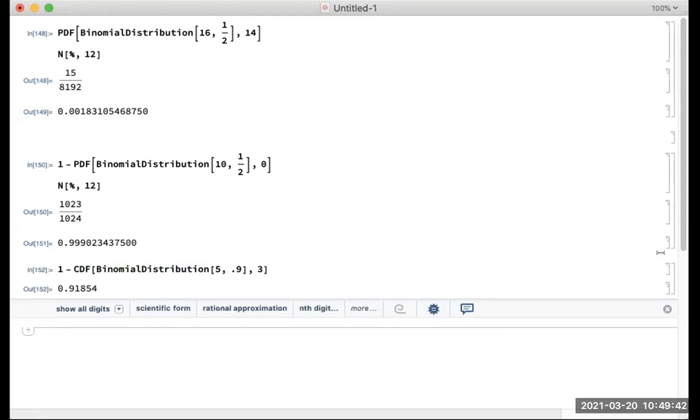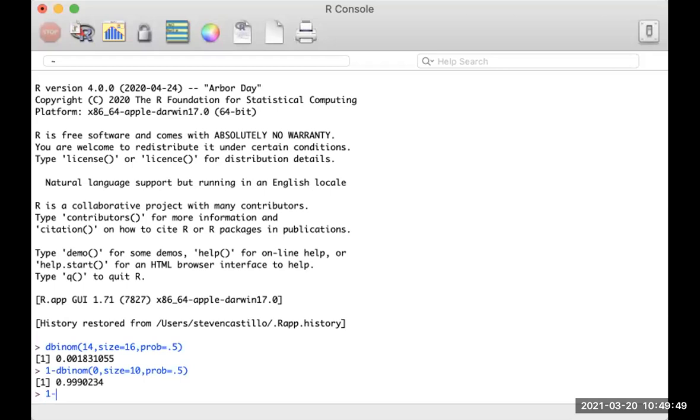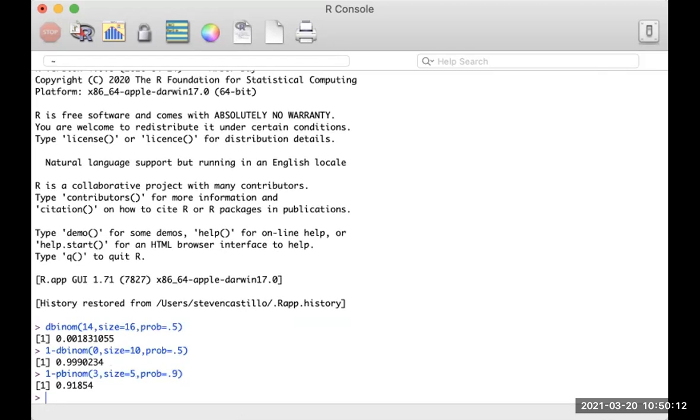Let me do R. So again, the complementary event, so 1 minus P binomial. Get rid of the first 3. The number of trials is 5, and the probability is 0.9. And so I get 0.91854.